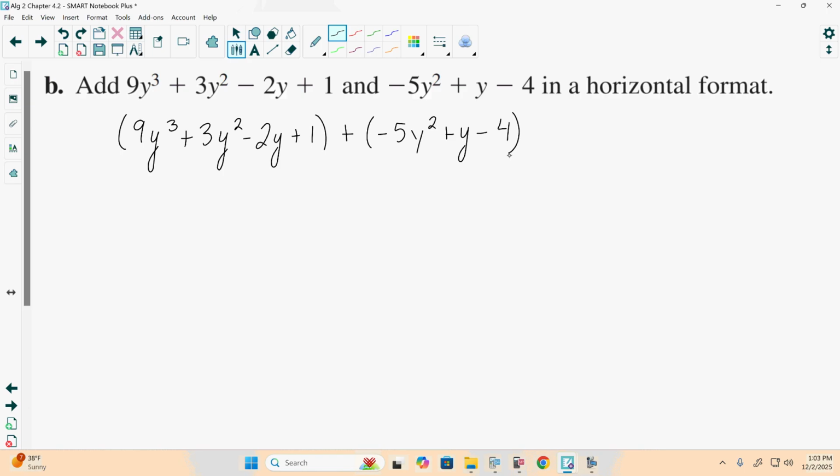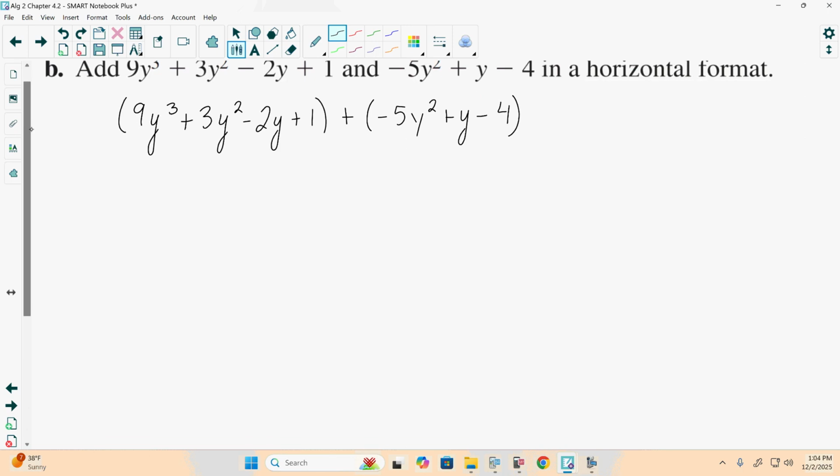Now, the other way that we can add two polynomial expressions together is horizontally. This is the way we're used to seeing it. This is the way we're used to writing it. And if we're adding them together, the first thing we want to do is simplify our parentheses. Now, since there's nothing written in front of our first set of parentheses, there's not a number, there's not a sign there.